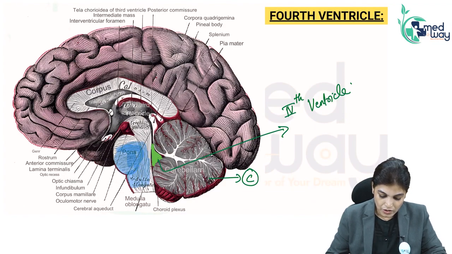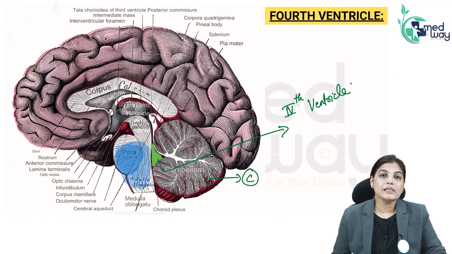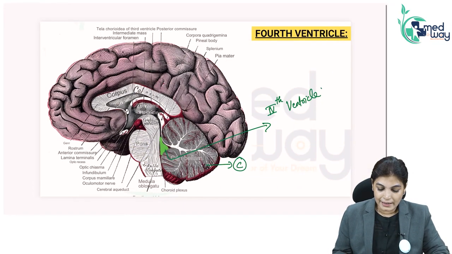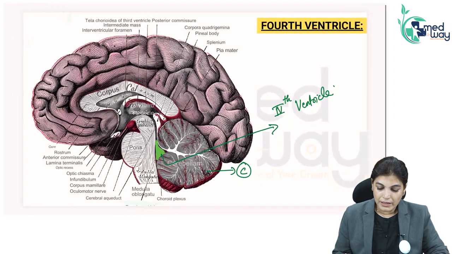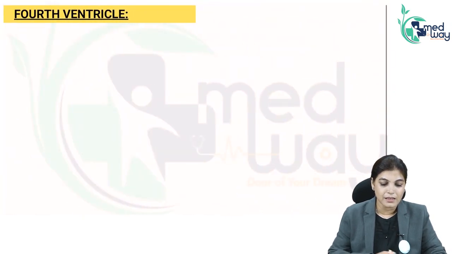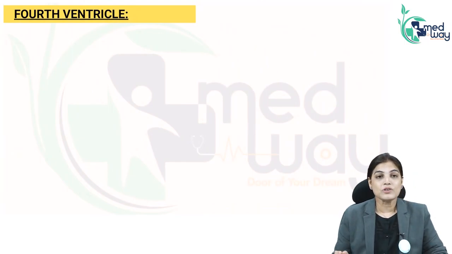So exactly posterior to the pons and medulla and anterior to the cerebellum, the triangular green outline which you are seeing is the fourth ventricle. Everybody should know about this. It is very important to know the anatomy of the fourth ventricle because many important structures reside there. So let's start with the important features of the fourth ventricle.